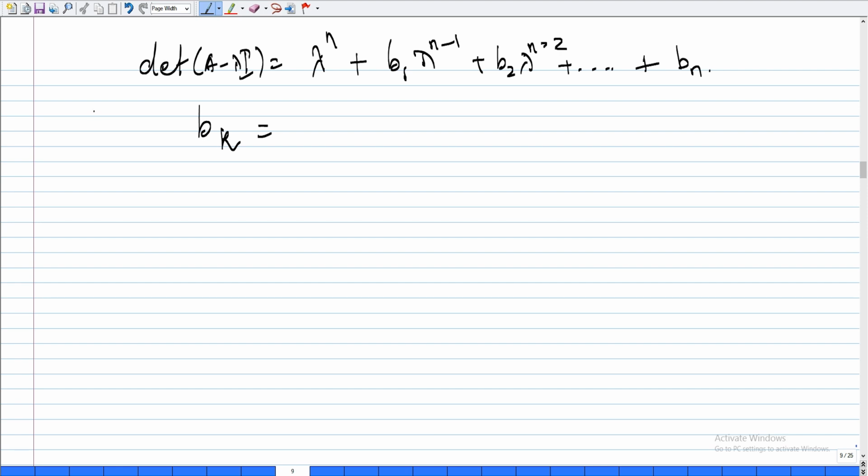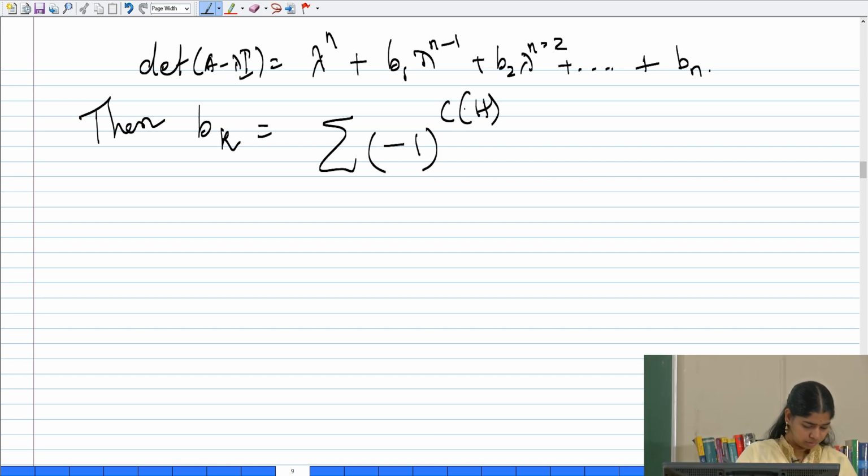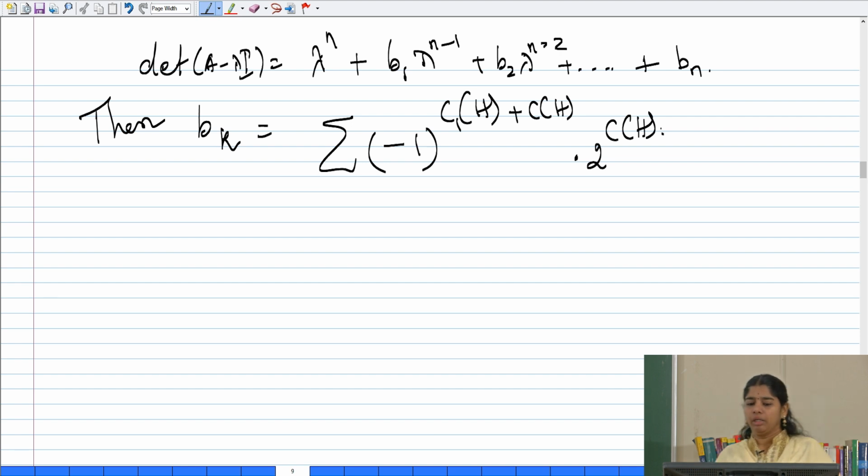Okay, I will give you this one. Then bk is nothing but the sum of minus 1 to the power of c of h, c1 of h plus c of h into 2 power c of h, where my h is nothing but all elementary subgraphs of order k, right.